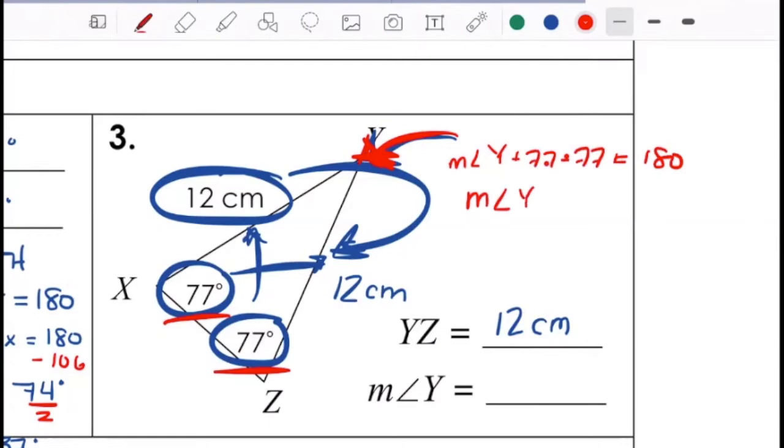So the measure of Y plus 154 equals 180. Subtract 154 from both sides. That means the measure of Y is 26.